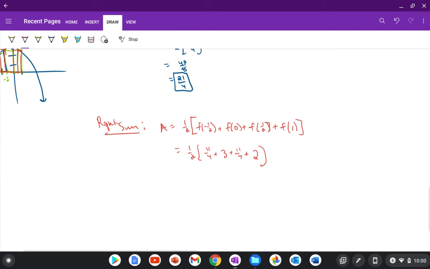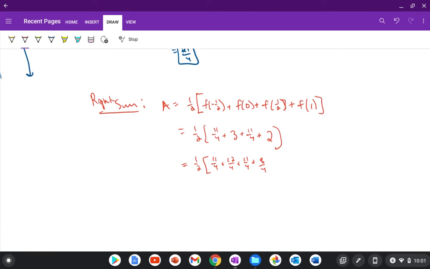All right, so then we just need to add all those together, convert them to fourths again. 11 fourths plus 12 fourths plus 11 fourths plus 8 fourths. So add those all together. It looks like we get 20, 30, 40, 42, I believe. 42 fourths. It's 42 over 8.